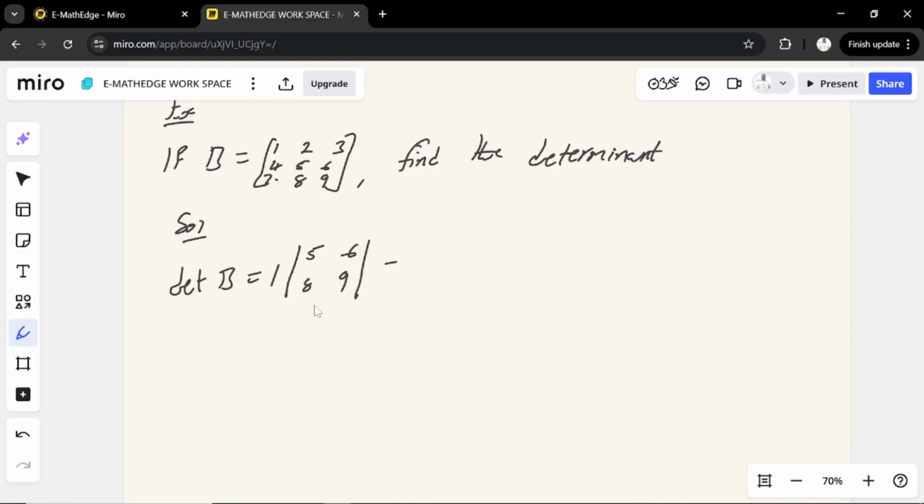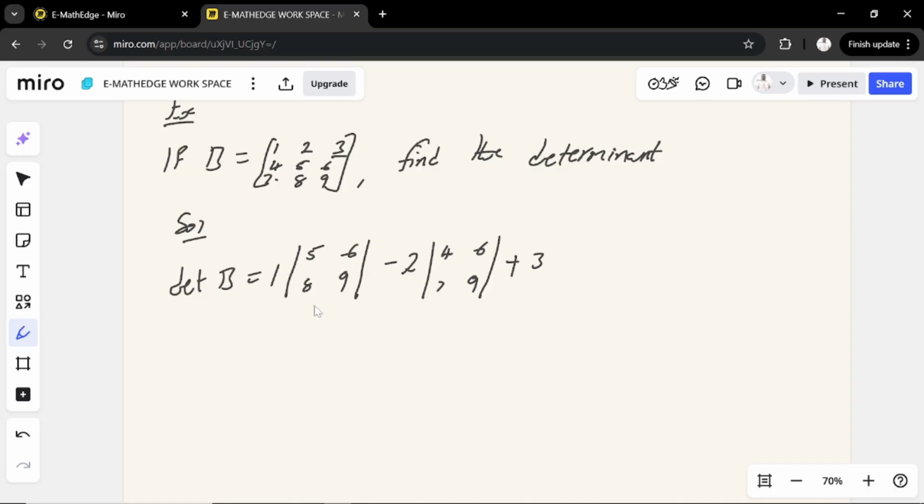The second element, which is 2, if we pick 2, which is in the first row and second column, we are going to focus on 4, 6, 7, and 9. So we are going to have it to be minus 2, 4, 6, 7, and 9. And plus the third element, which is 3.